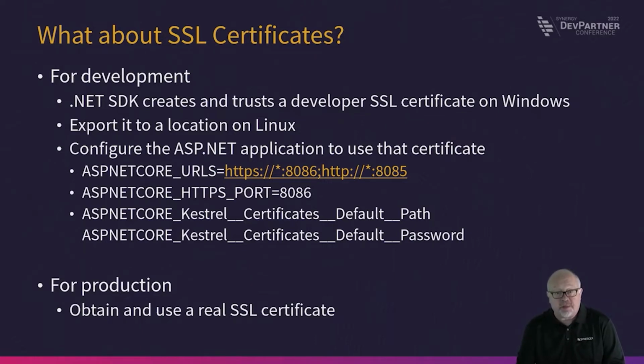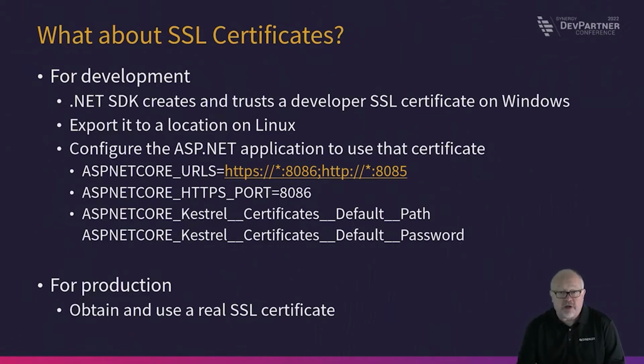We can also use a similar approach to define which ports the service will listen on for both HTTP and HTTPS. There are several ways to provide those values and settings, but the simplest way is to use environment variables, similar to the ones that you'll see on this slide.